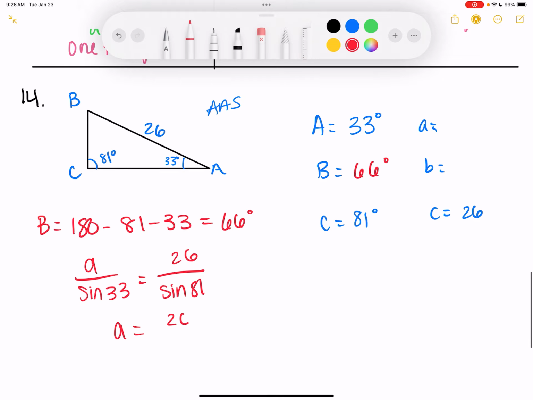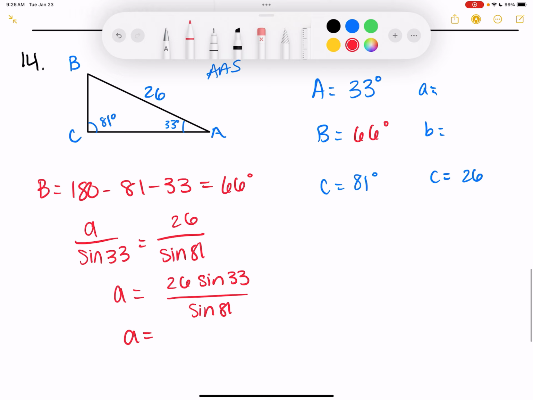So A is equal to 26 sine of 33 over the sine of 81. So what is that side length?